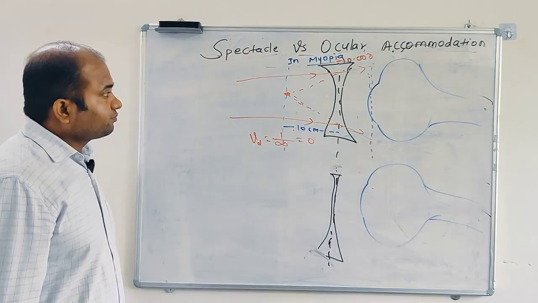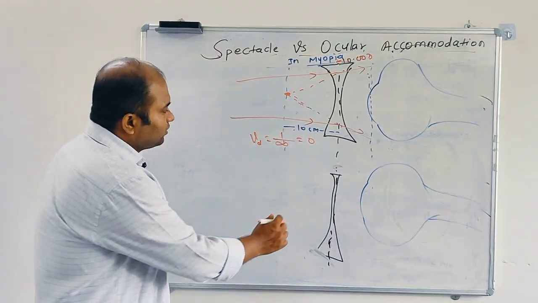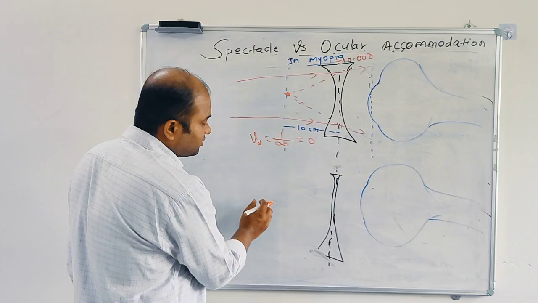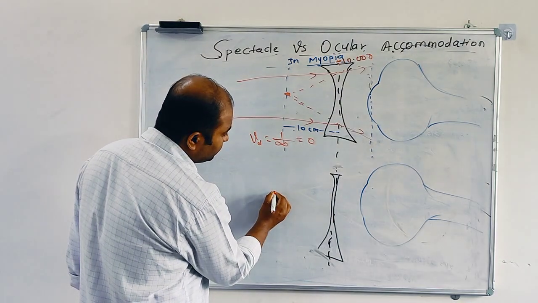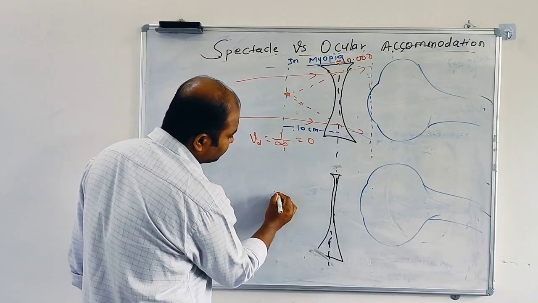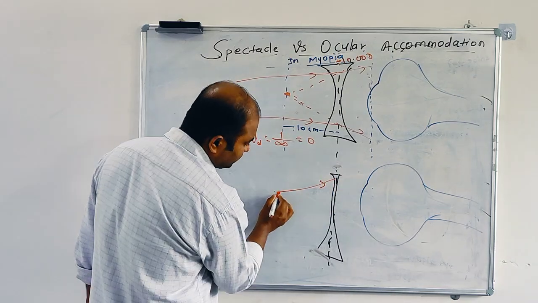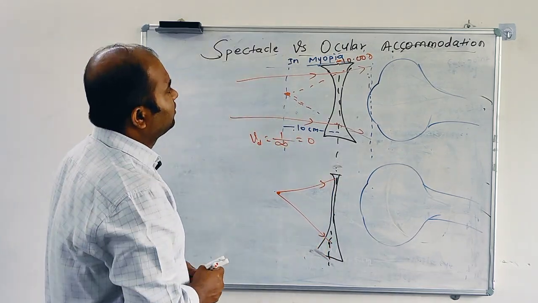Now when you are seeing a near object, let's assume 40 centimeter from here. How much centimeter? 40 centimeter.